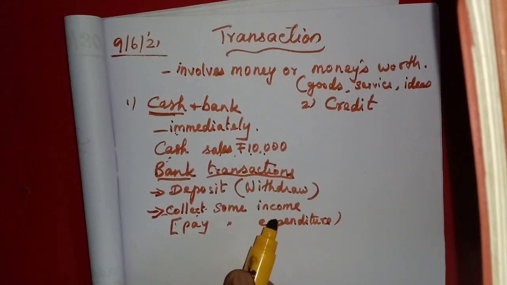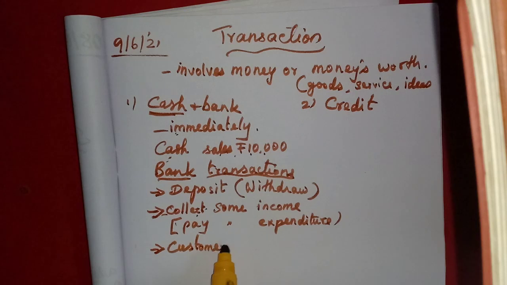The bank is functioning for the convenience of its customers. If customers ask the bank to collect or pay some expenditure, it will pay from that customer's account. All these are bank transactions. Our customers may deposit money into our bank through the cash deposit machine.